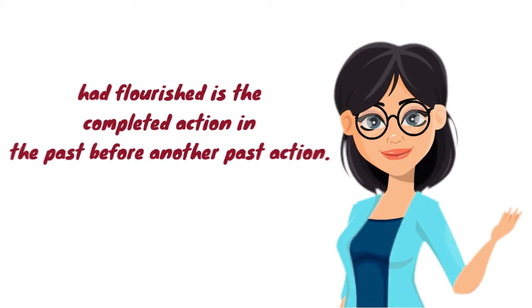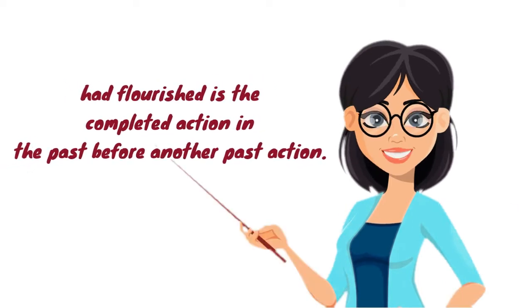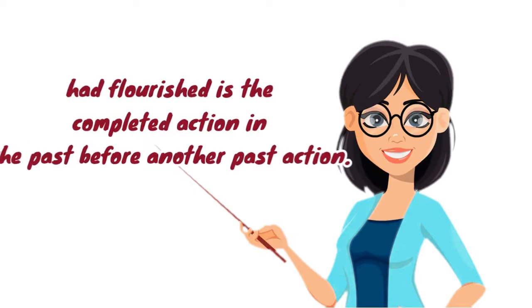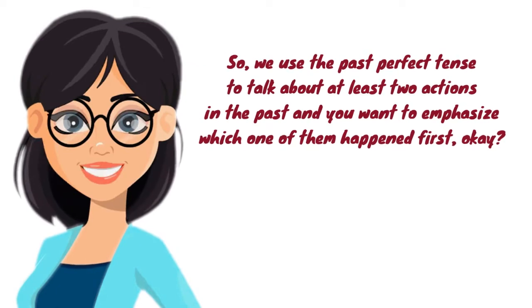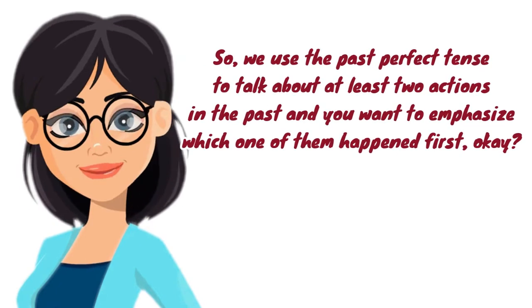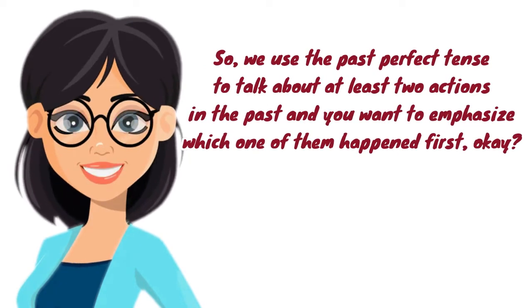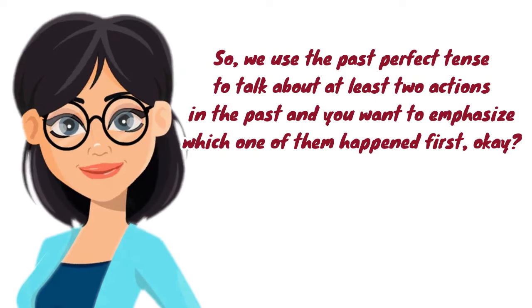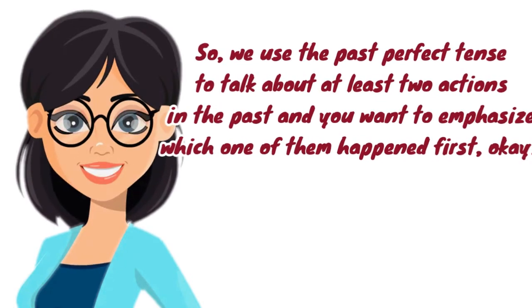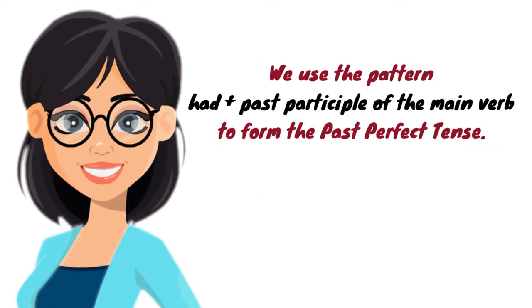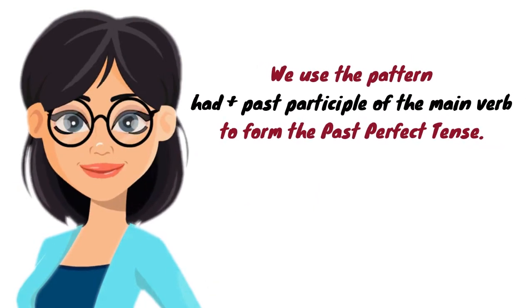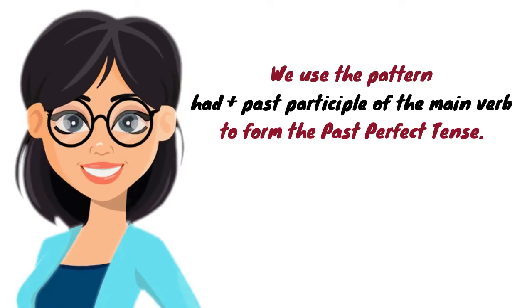That's right, had flourished is the completed action in the past before another past action. So we use the past perfect tense to talk about at least two actions in the past and you want to emphasize which one of them happened first, okay? We use the pattern had plus the past participle of the main verb to form the past perfect tense.